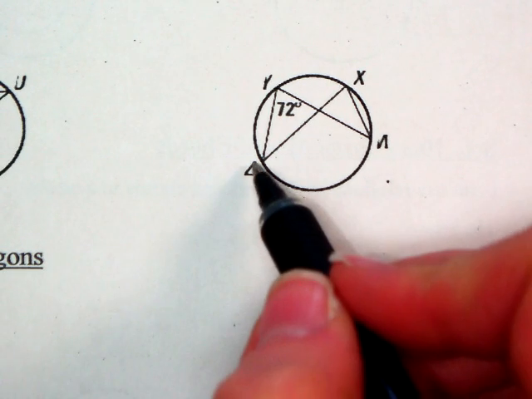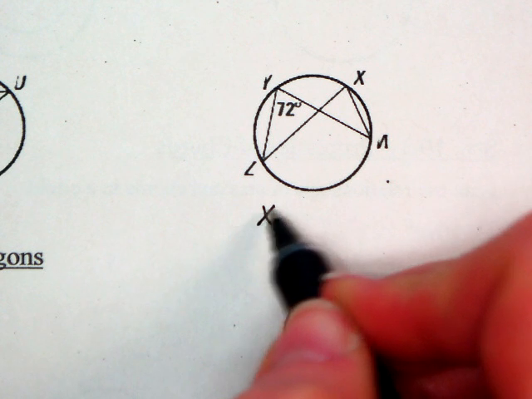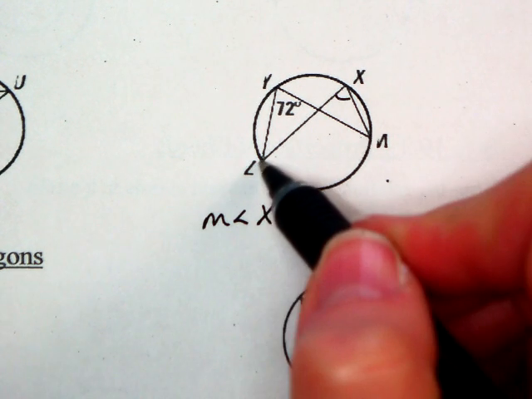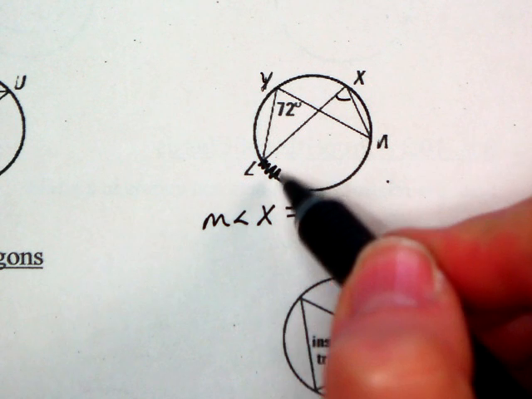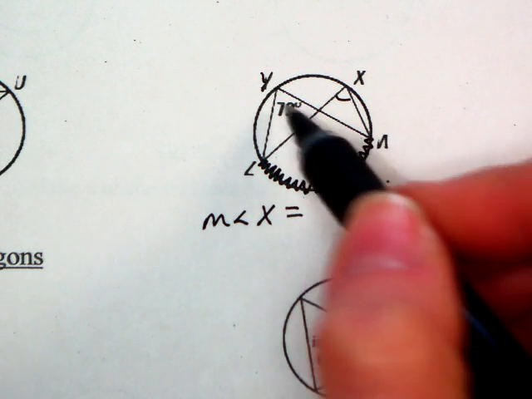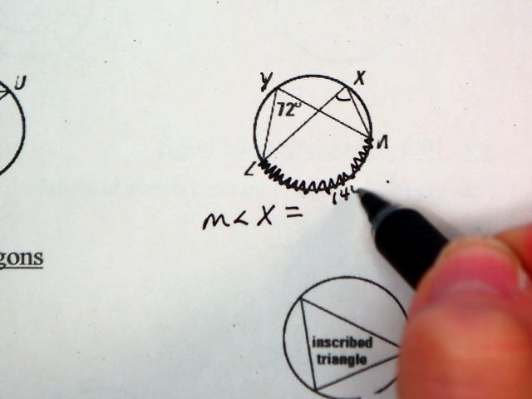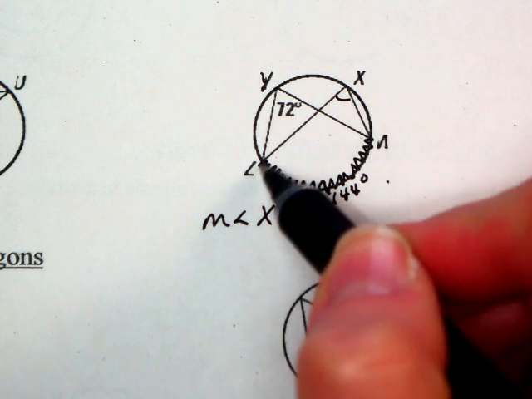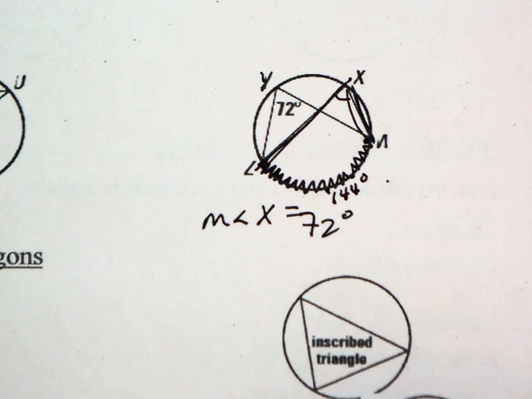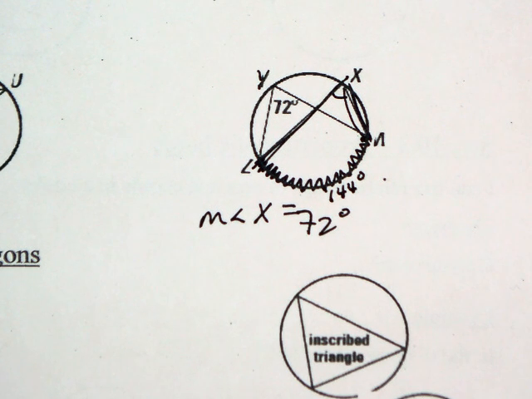Last one, let's talk about angle X. So talk about that guy right there. Since Y, which is right here, cuts off this arc, 72 degrees, so this would be 144. And then when I go back to angle X, which uses the same arc, it has to be half as much, so 72. They're going to be the same measure.